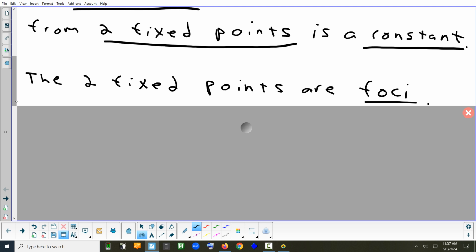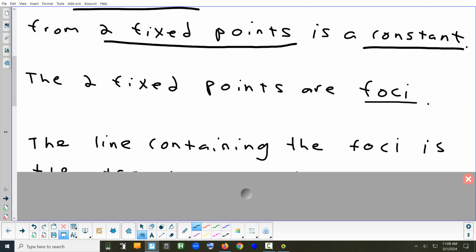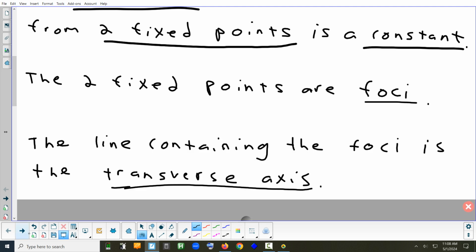All right, so a lot of the vocabulary is going to be the same as yesterday. A little bit is going to be different, but you'll kind of see some connections. We don't have a major and a minor axis anymore, but we have two other names we use. All right, so the line through the foci yesterday, we called that the focal axis. When you're talking about a hyperbola, they call that the transverse axis.